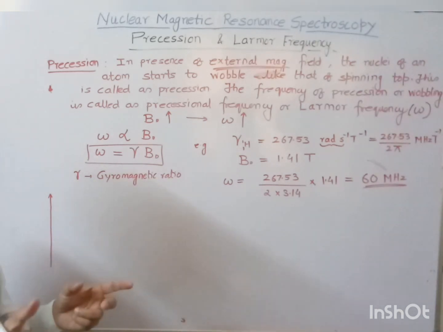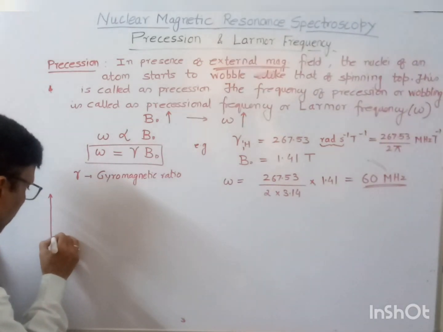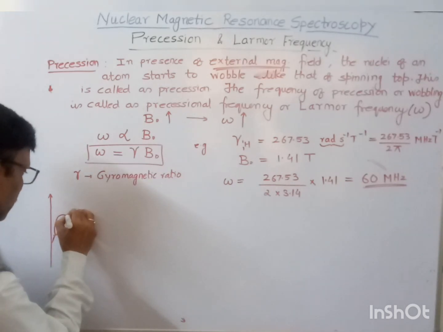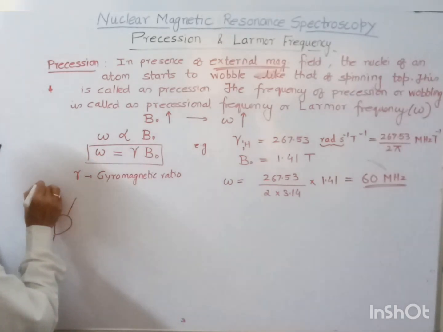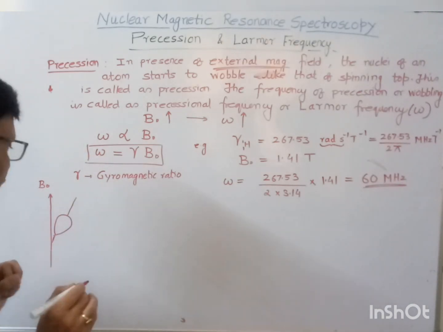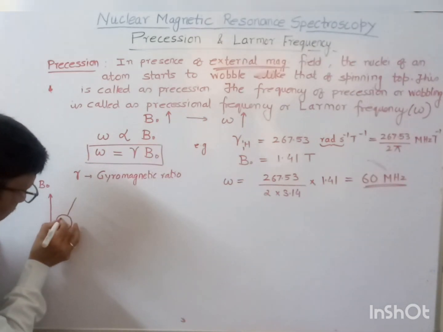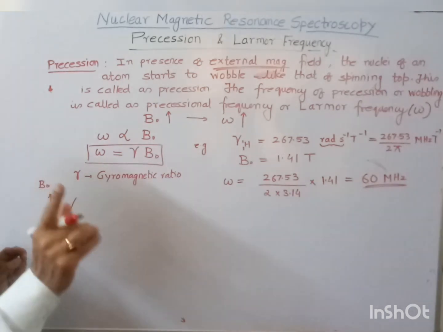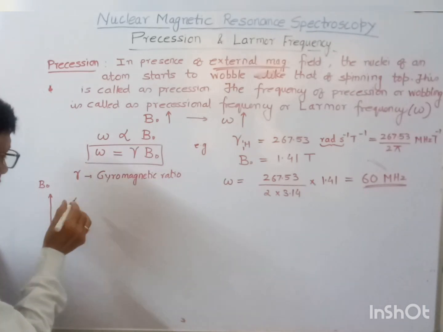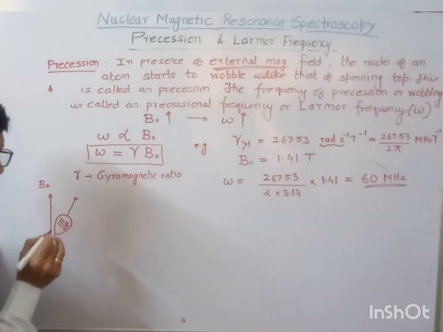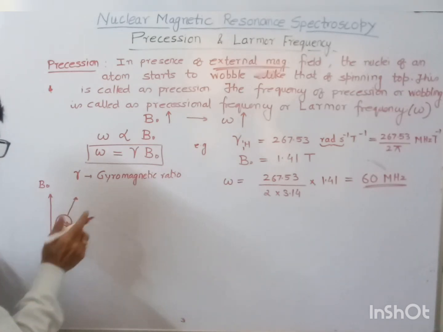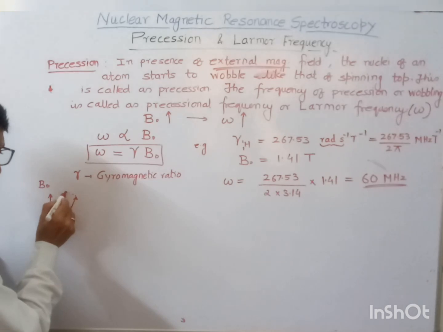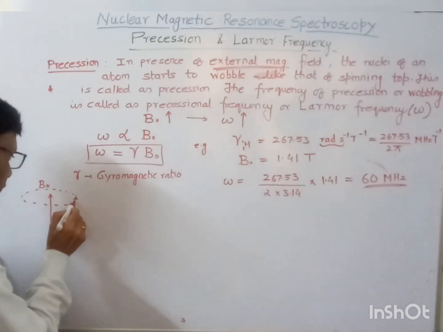If we have a spinning top, and I may draw the spinning top something like this, it starts to wobble in the presence of the external magnetic field. Suppose B0 is the external magnetic field, and this is our spinning top, and it will start wobbling like this, and this is the direction of the spinning top, and it starts to wobble such that this is the diameter of this wobbling or precessional orbit.